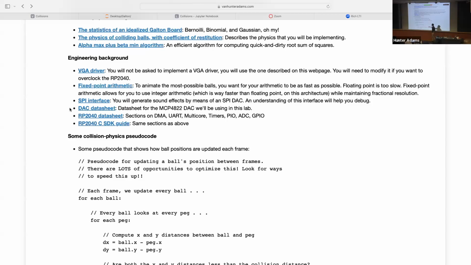I'll remind you that discussion will be one layer of abstraction probably below where most of your engineering will take place. Like I said, anytime something is abstracted from you, I want you to know what's being abstracted. And furthermore, you'll need to know a little bit about how this works if you want to overclock your system, because you have to modify the PIO programs just a little bit. So the next few lectures, I'm going to be building up to an explanation of how you modify the VGA driver in order to overclock it. In order to understand that modification, we have to talk a little bit about PIO, and we have to talk about the VGA standard and so on. So that's going to be the goal of the next few lectures, I think.